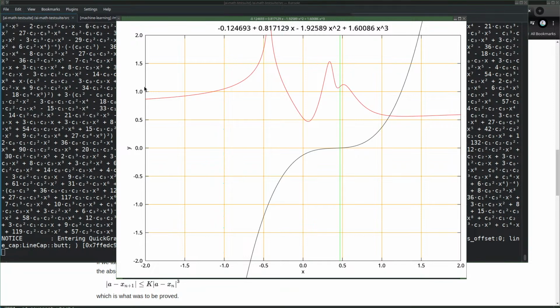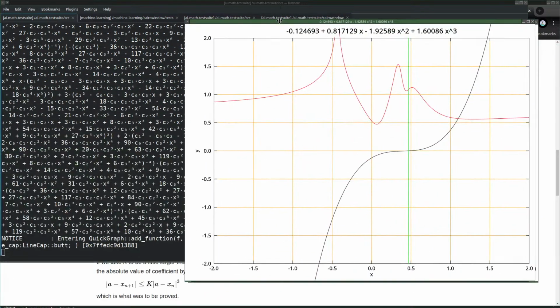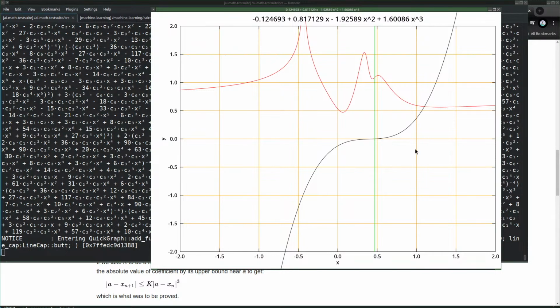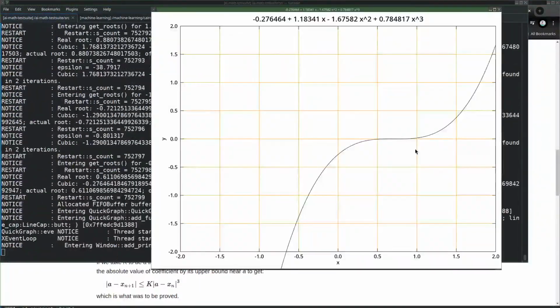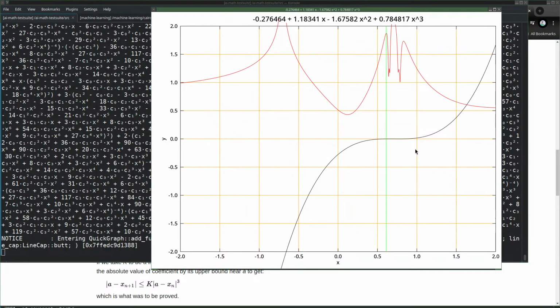So I wonder why it stopped here. There's again some ball here. Why?